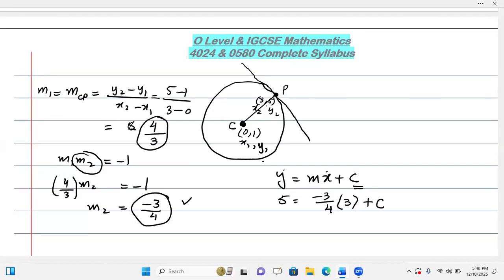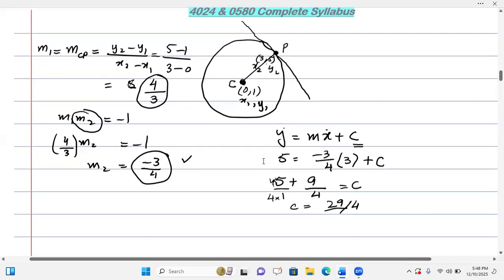So 3 times 3 is 9, minus 9 by 4, which is added to the other side: 5 plus 9 by 4. Taking the LCM to find the unknown value, c will equal 5 times 4, making the denominator the same. So 5 times 4 is 20, plus 9, is 29 by 4. This is our c value.